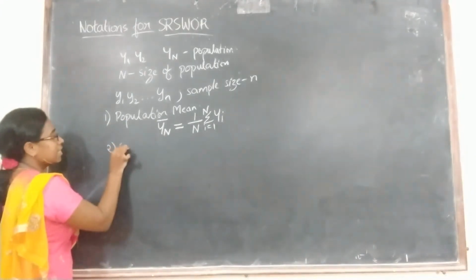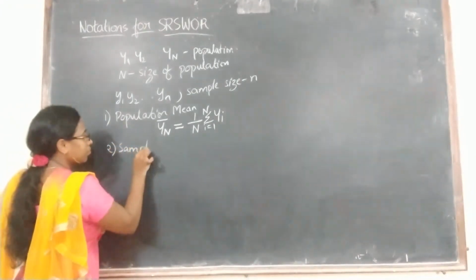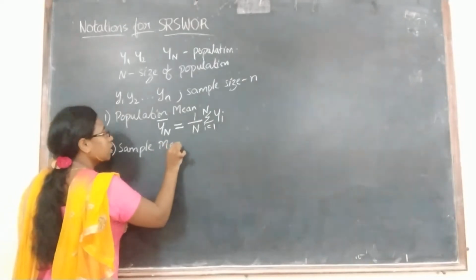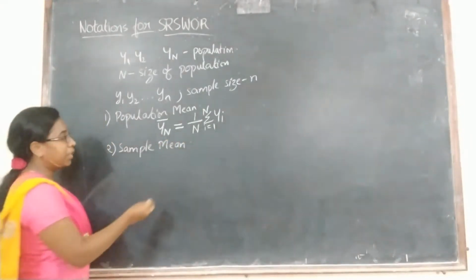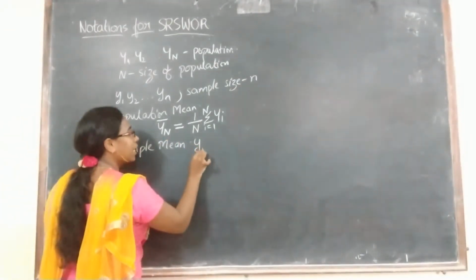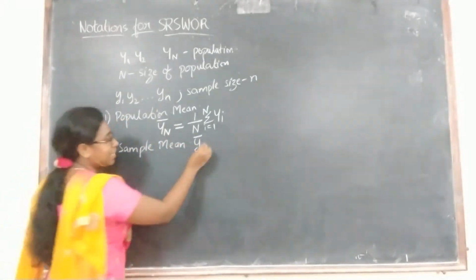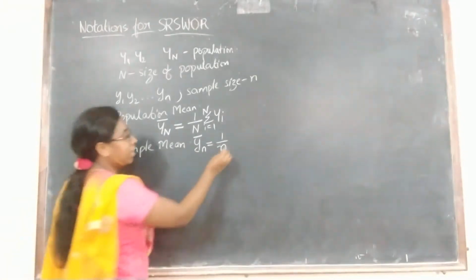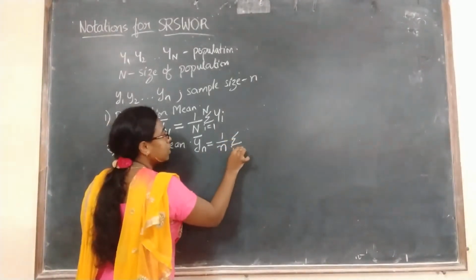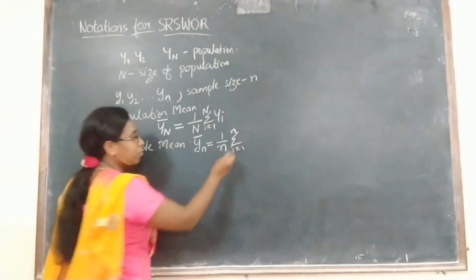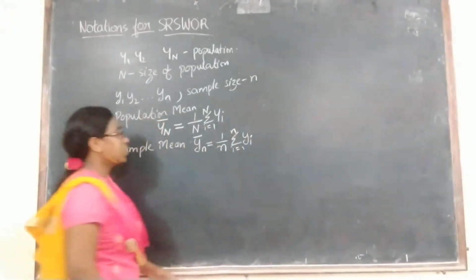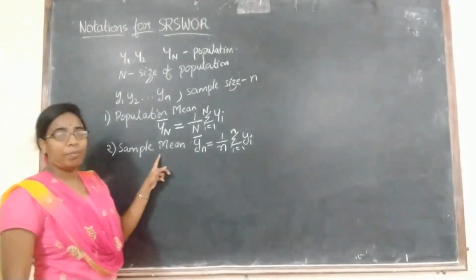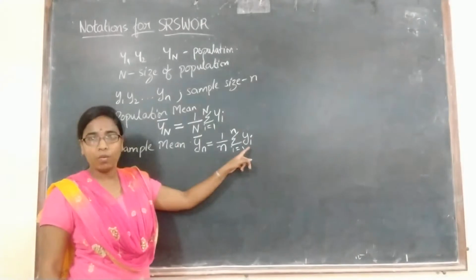Next is the sample mean. It is denoted with small yn bar and it equals 1 by n, that is small n, summation i equals 1 to small n yi. Here you are writing the sample mean in terms of sample values only.